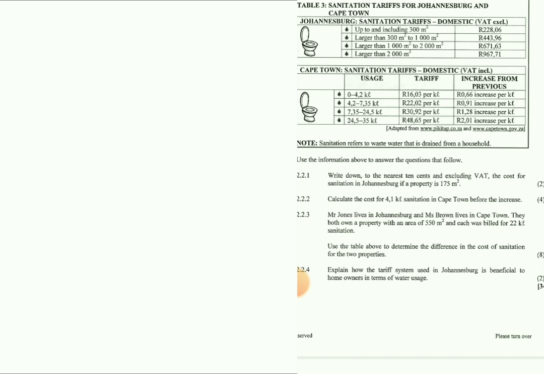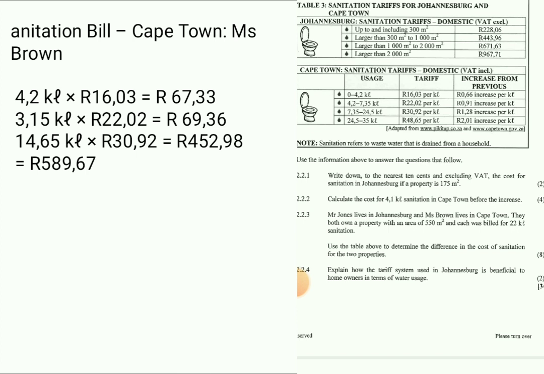Then the total answer when we add all is 589.67. I couldn't draw the lines, as I said, guys. I couldn't draw the lines on the screen. So where do we get these things, guys? Where do we get the amounts? We get them from the table above.